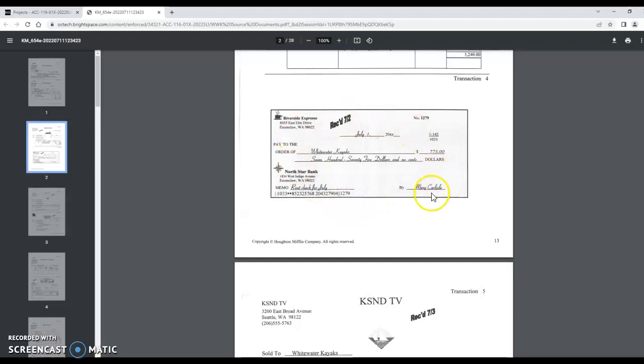So this is where we're receiving this cash of $775. We're going to deposit it into our checking account. Anything that involves cash is going to go on the check register. But also we need to put this in a journal. We are receiving cash. What journal is it going to go into? Cash receipts journal.